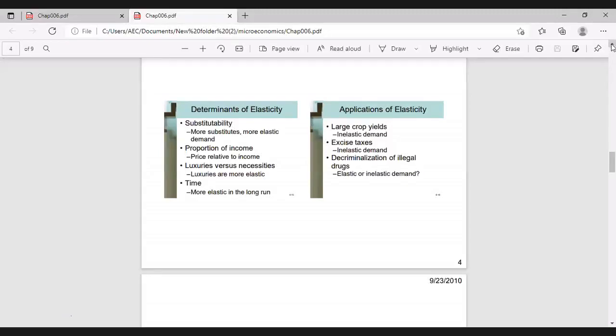So now in developing countries, they talk about legalizing drugs. Because if they ban anything, it is illegal.